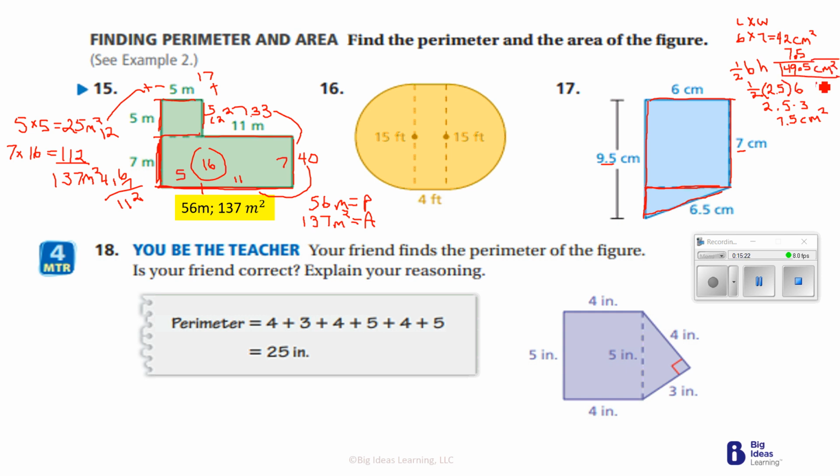All right. Now let's check perimeter. Perimeter, I just add them all up. 6 plus 7, well, that's 13. 13 plus 6.5, well, that's going to be 19.5.